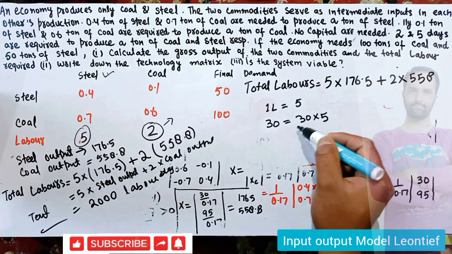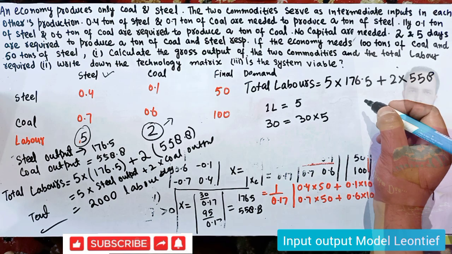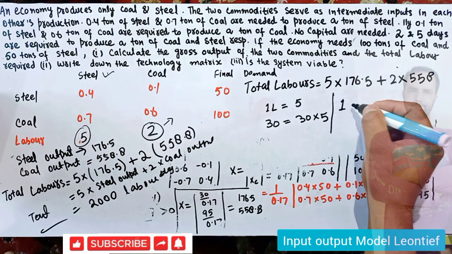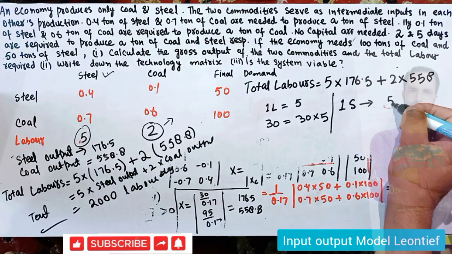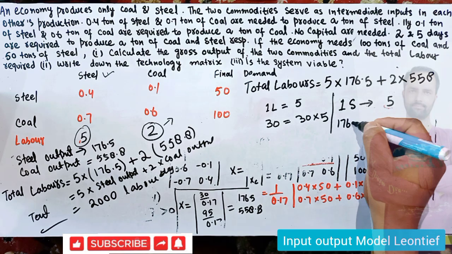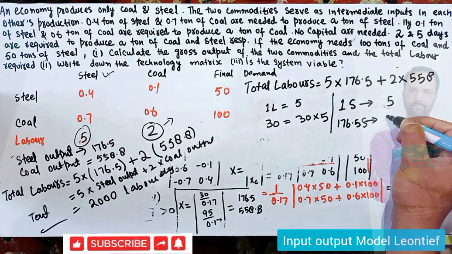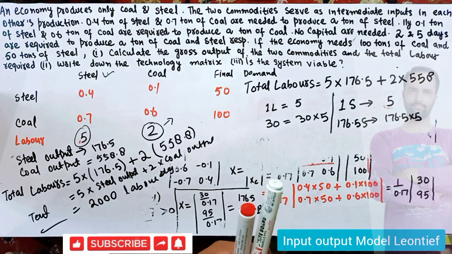Just multiply this. Similarly, if 1 ton of steel requires 5 labor days, then 176.5 tons of steel will require 176.5 into 5. This is simple mathematics.